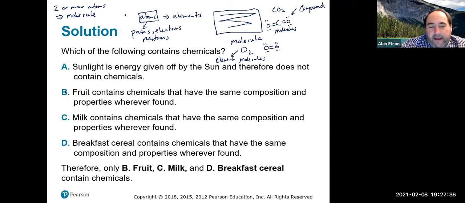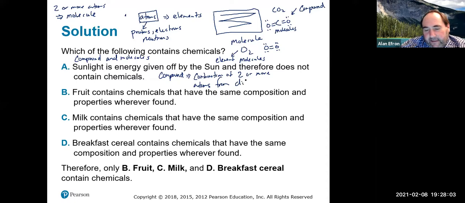Now, a compound and a molecule are two words that sometimes confuse people. The definition of a compound is the combination of two or more atoms from different elements.